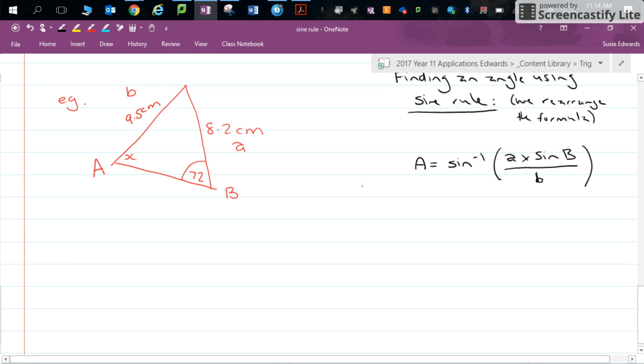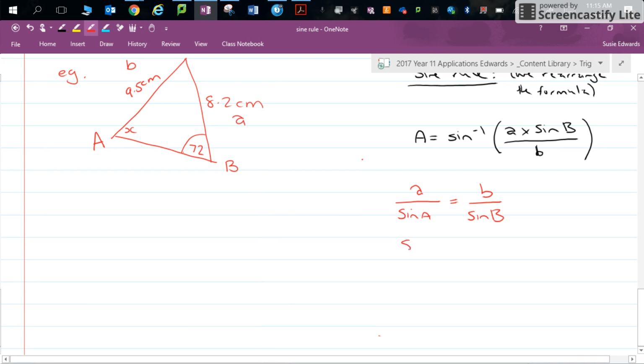I've labelled the angle we're trying to find as uppercase A, uppercase B, lowercase b, etc. So if we then have our formula, a over sine A equals b over sine B, and sub in our numbers, same thing as before, 8.2 over sine x equals 9.5 over sine 72.